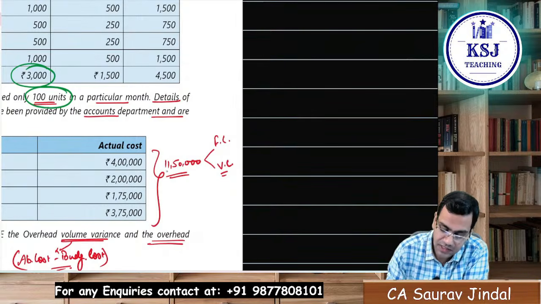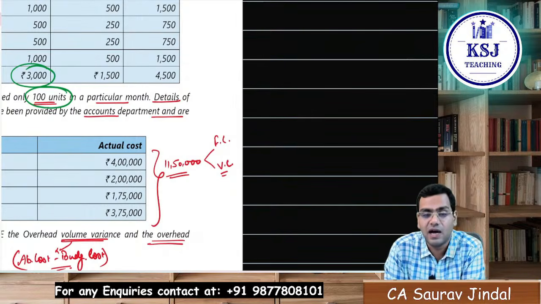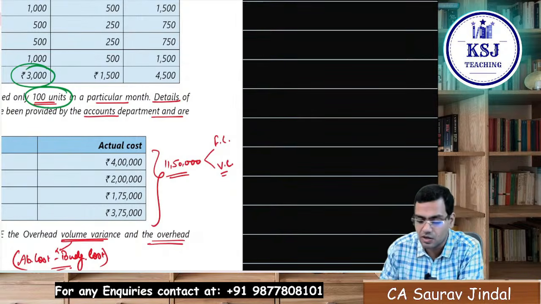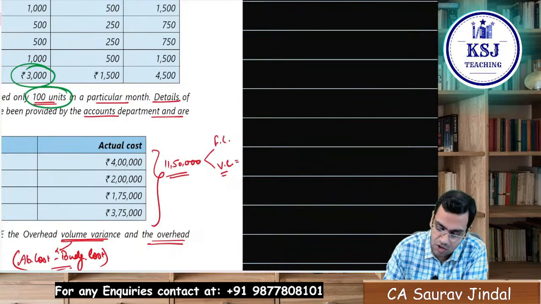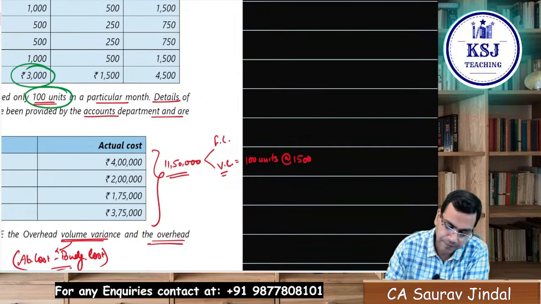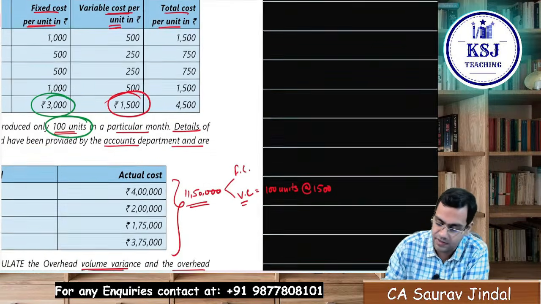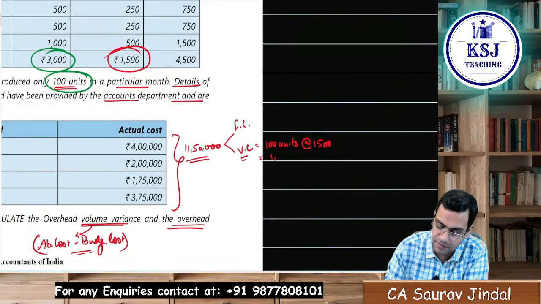Then from this 11 lakh 50,000 we will have to subtract the variable cost. What will be the variable cost? On 100 units at the rate of 1500, so that will be 1 lakh 50,000. So what will be the fixed cost here? 11 lakh 50,000 minus 1 lakh 50,000, that is 10 lakh rupees.